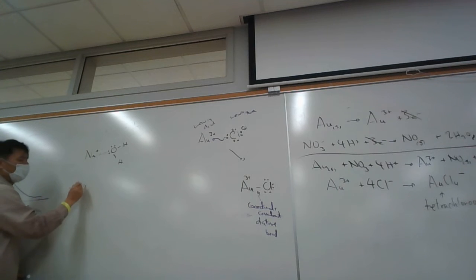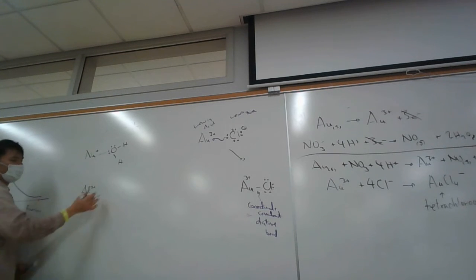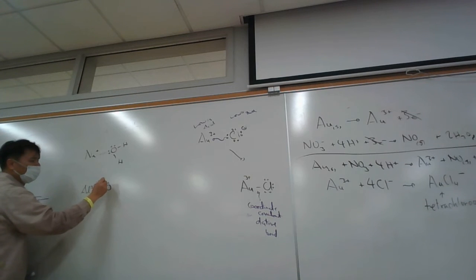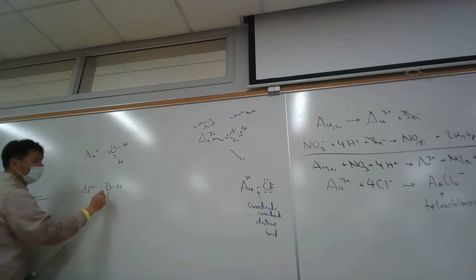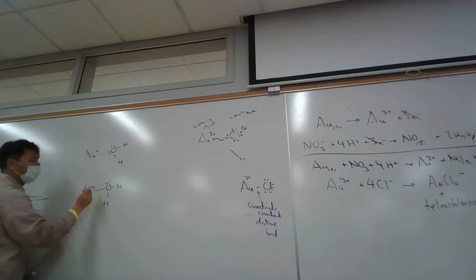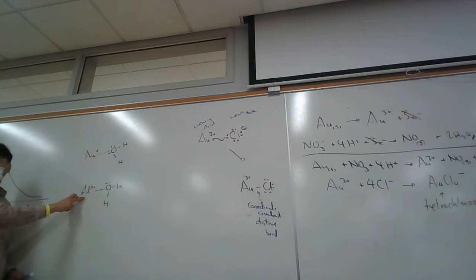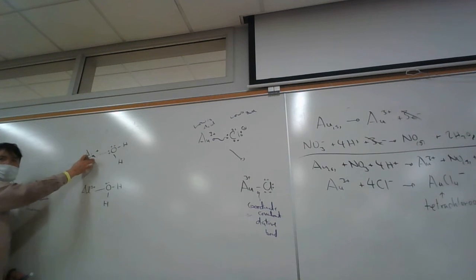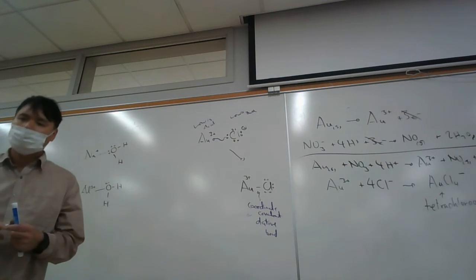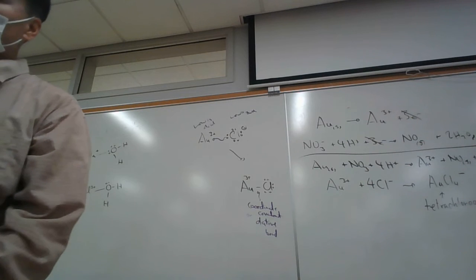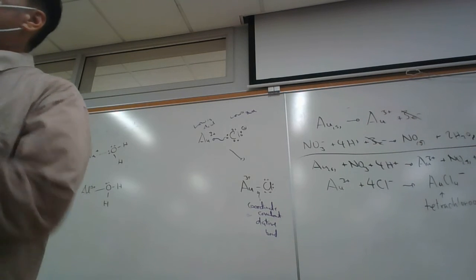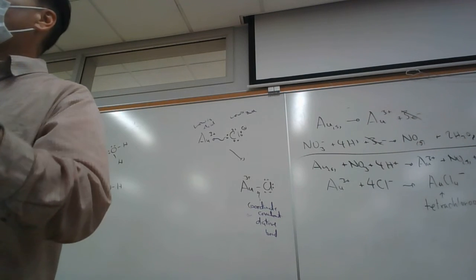However, if I have aluminum 3+, and a water comes along, that water is going to actually bond to the aluminum here. And so what we say is sodium ion is a very poor Lewis acid. It's a poor electron pair acceptor. Sodium ions: low charge, big size.